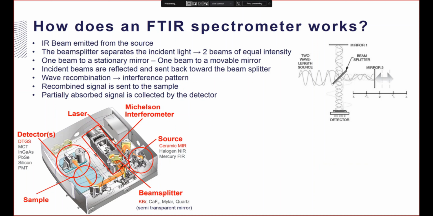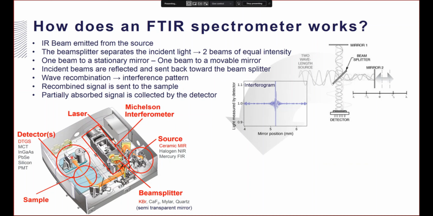One beam goes to a stationary mirror and another beam to a movable mirror. These two beams are then reflected and sent back toward the beam splitter. There is a wave recombination which creates an interference pattern. The recombined signal is then sent out of the interferometer and through other mirrors is sent to the sample, which luckily will partially absorb some infrared light, and then the exiting radiation is collected by the detector.